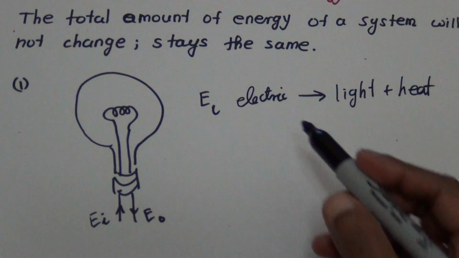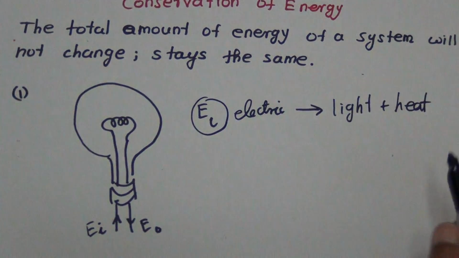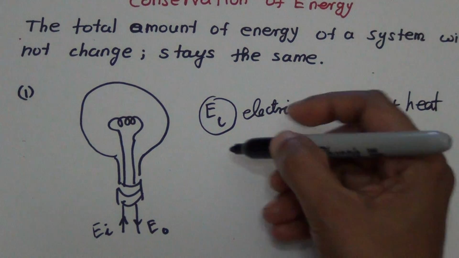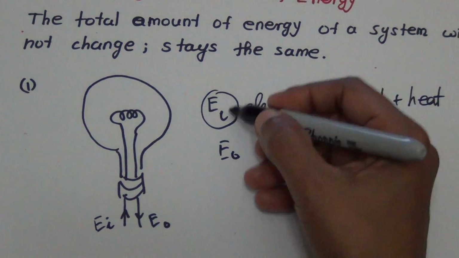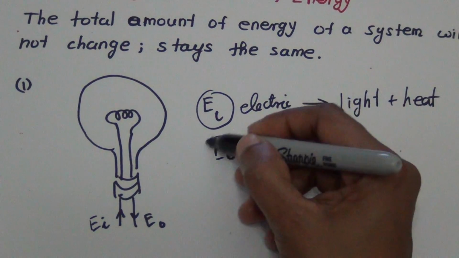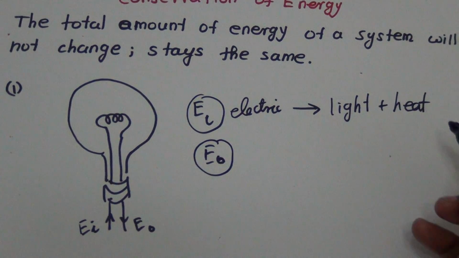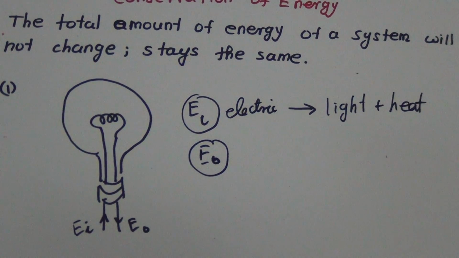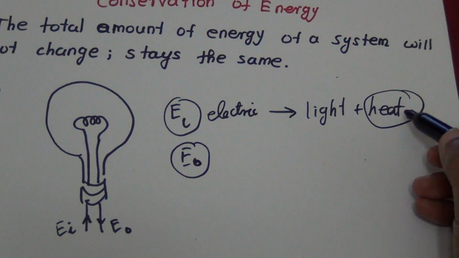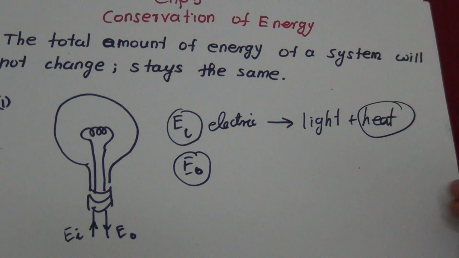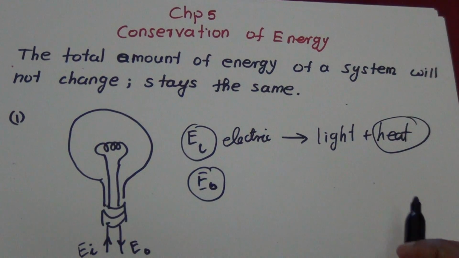But when you measure the initial energy and the final energy, the output energy will be less than the input energy. Why? Because some of the energy will be wasted as heat, which we cannot measure, right?